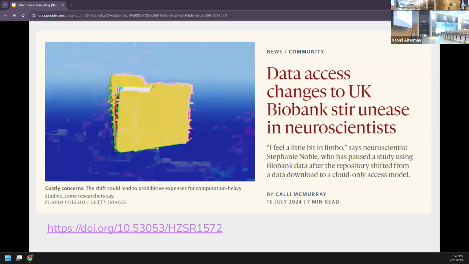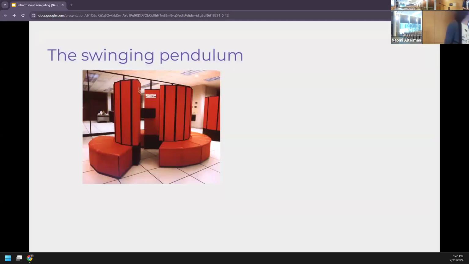And this, I think, is part of a larger sort of trend that looks sort of like a pendulum in terms of where we're doing our computation.